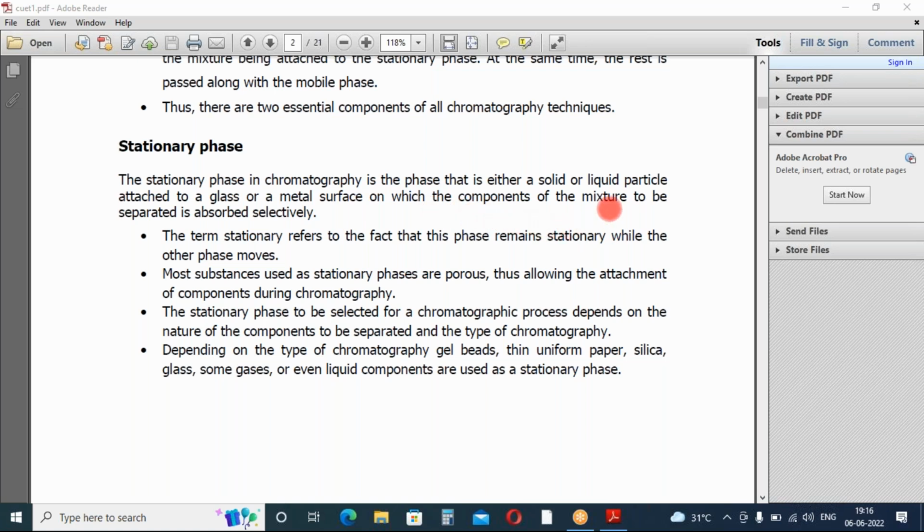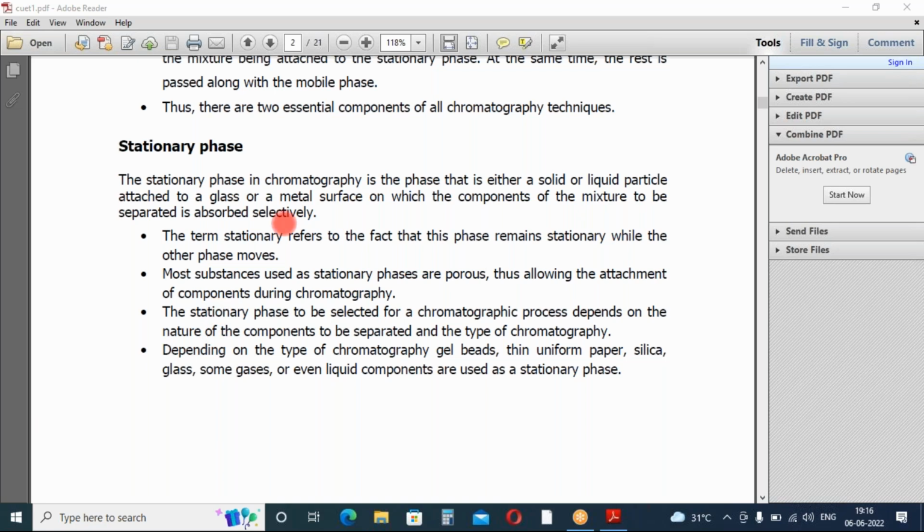Here we are separating different components of a mixture by adsorbing them to a particular component, and the adsorbent we are using is the stationary phase. Stationary means the static position, mainly coated onto the surface of glass or metal. It is not a moving phase; it is a static phase.